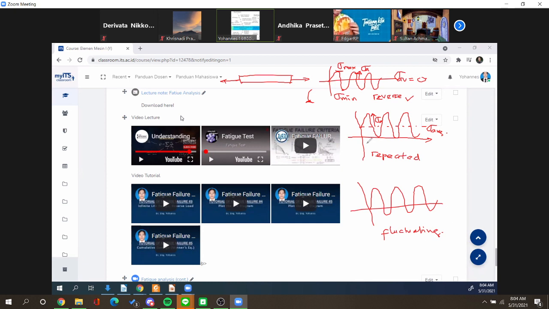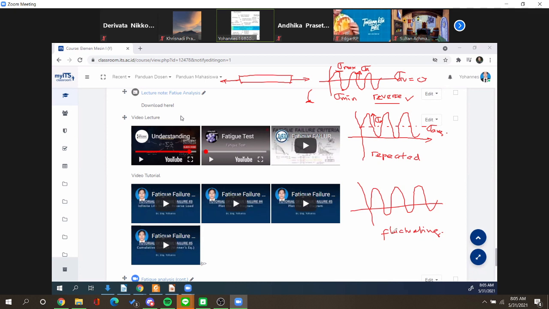Okay, so for the laboratory measurement, we use reverse stress, but in the design or in the application, we may find other types of cyclic stress. It can be repeated stress or fluctuating stress.